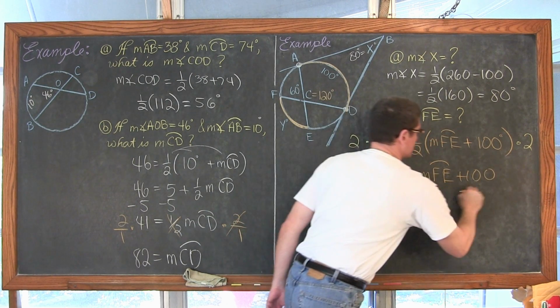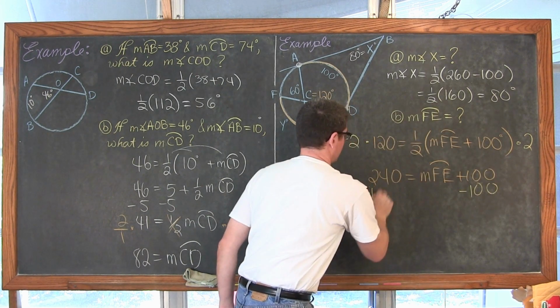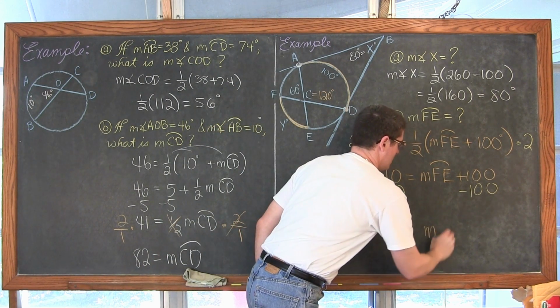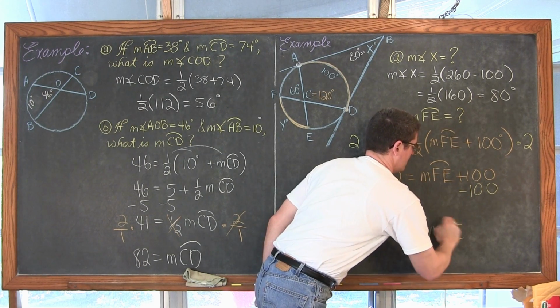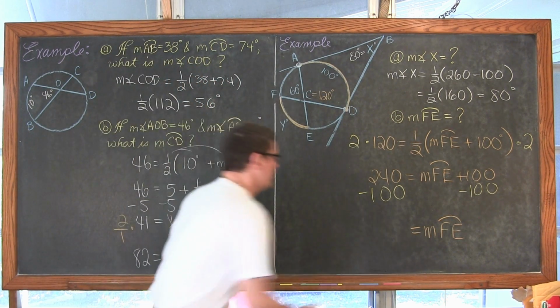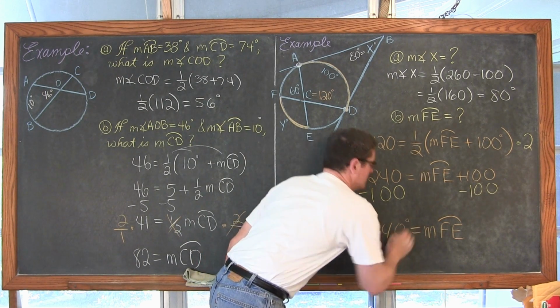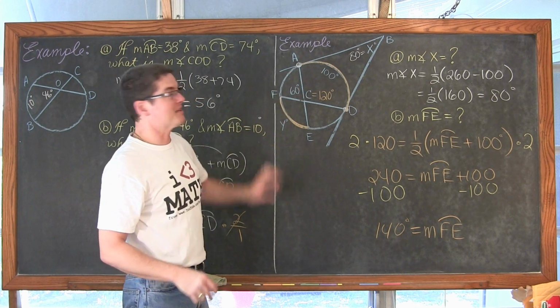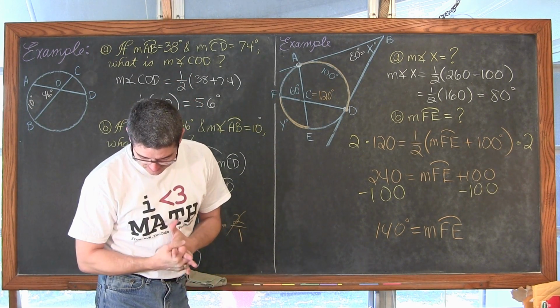We're going to subtract both sides by 100 and get our answer. The measure of arc FE is equal to 140 degrees.